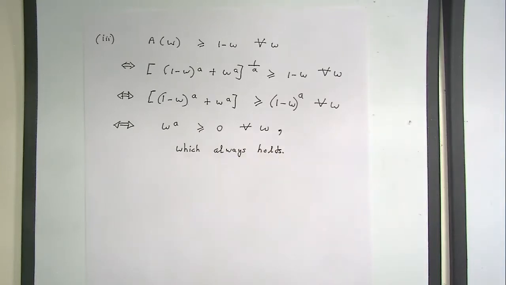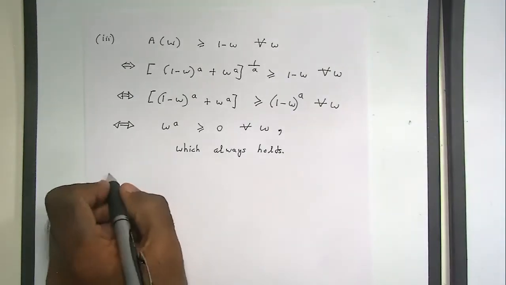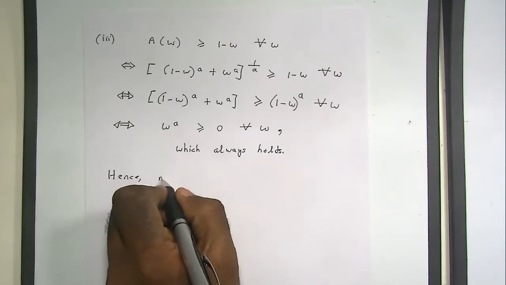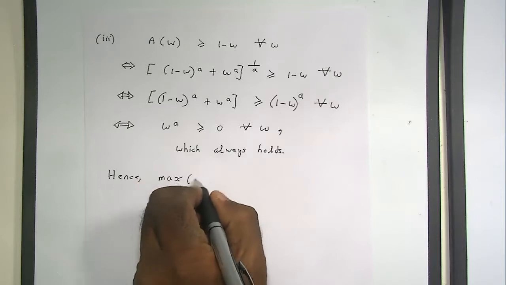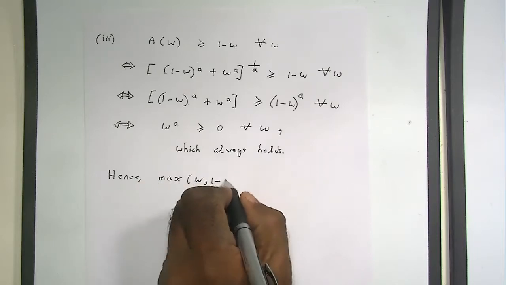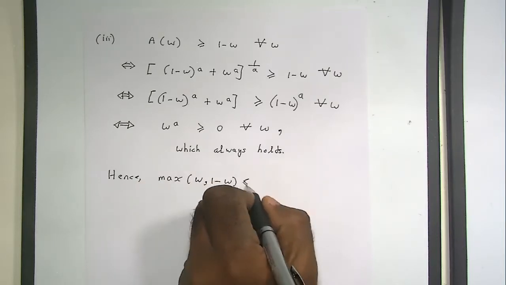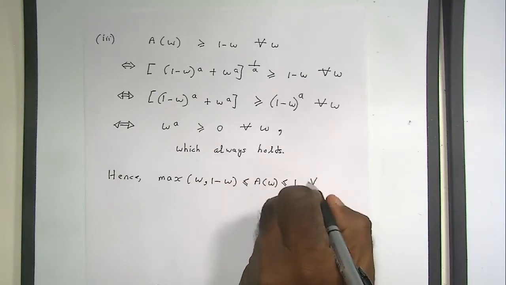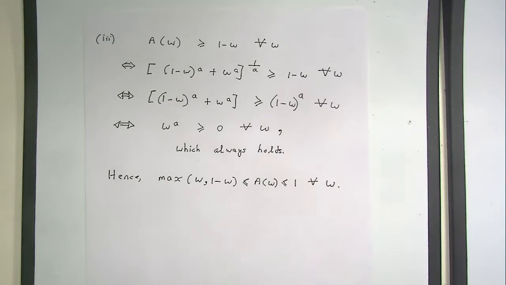So we have also proved part 3. So we have proved condition 3, part 1, part 2 and part 3. Hence we have shown that A of omega lies between this and this for all omega.